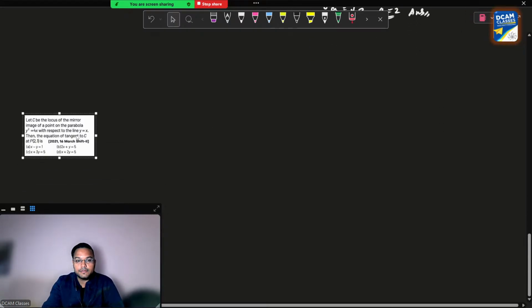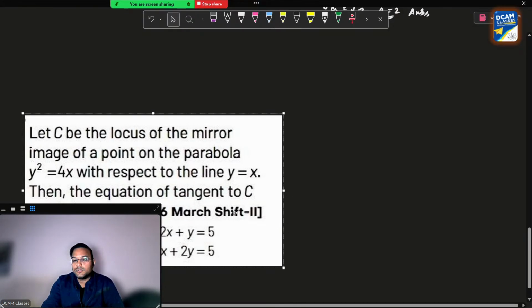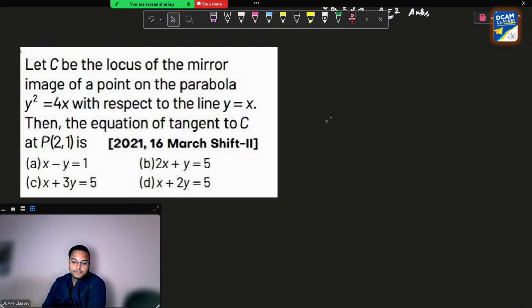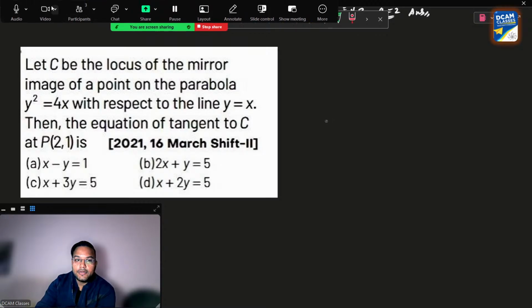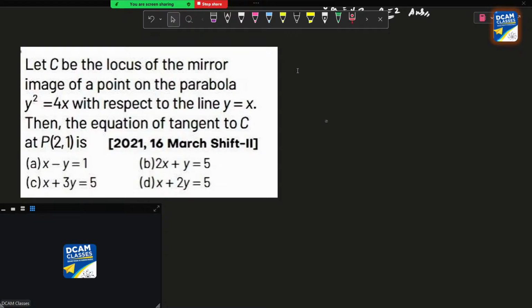Try to see this. These are all JEE Main questions, 2021. In the JEE Main, you will be getting these kinds of questions only. Try to understand this. This mirror image type question you have already done.